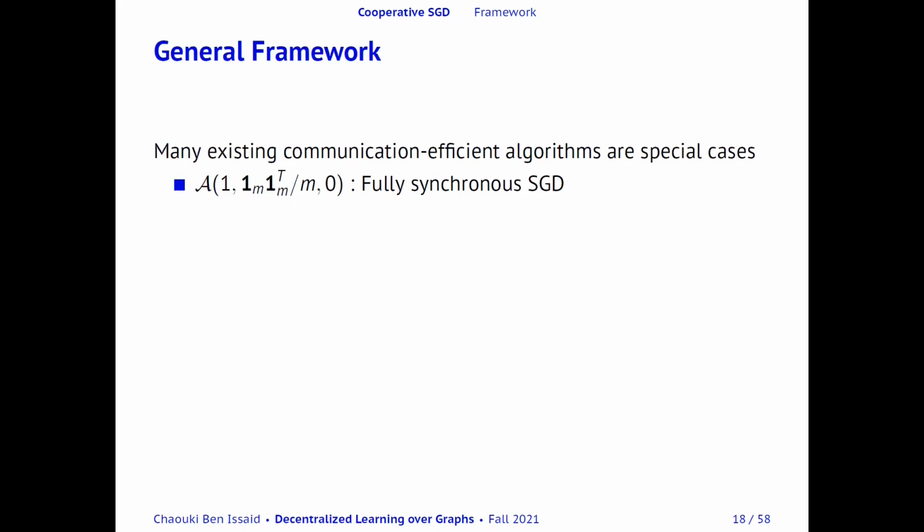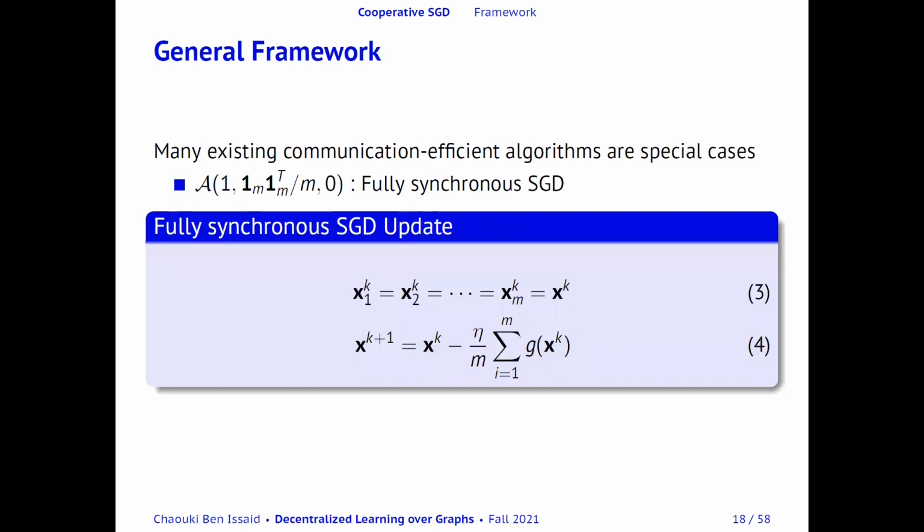The per node update simplifies to equation 4, where all x_i are equal to a common variable x_k. And note that this is a parameter server setting where a central entity is communicating with m nodes.